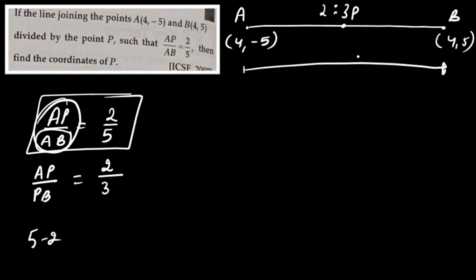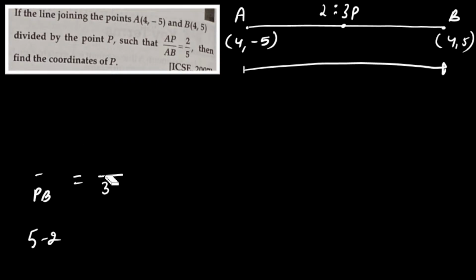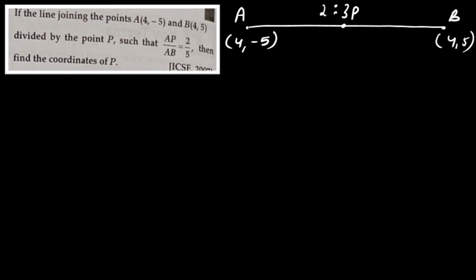This is how we can find the required ratio whenever some other fraction is given to us. Is this clear to everyone? I hope it's clear. Always the AP is to PB ratio we have to use.